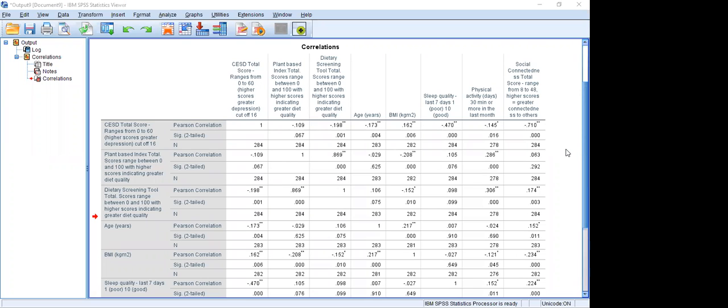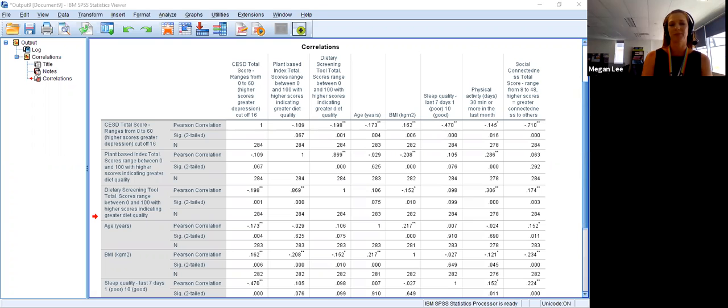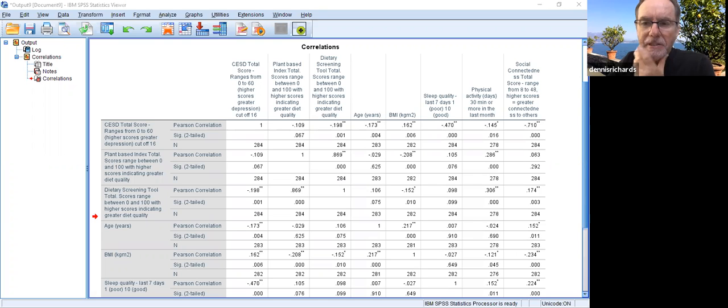Very strong relationship, because it's 0.7. The more connected you feel socially, the less likely you are to be depressed. Very good. And it's 0.000 again, which tells us it's very statistically significant. Excellent job. That's really interesting, isn't it?